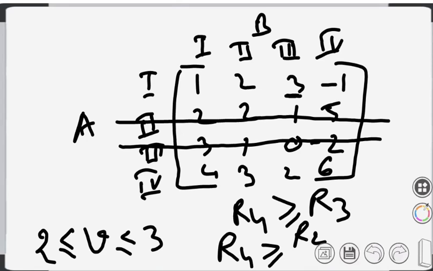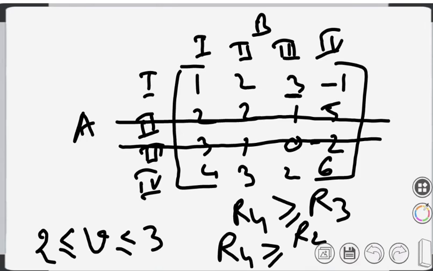Column 2 is greater than column 1, so column 2 will be dropped. No, column 2 is not greater than column 1. 3 is less than 4, 3 is greater than -1, 2 is less than 6. So I think we cannot compare with the column property here.